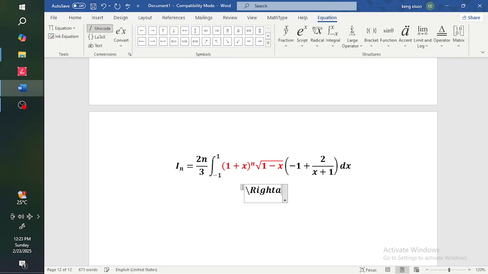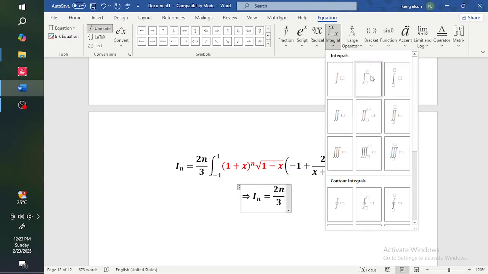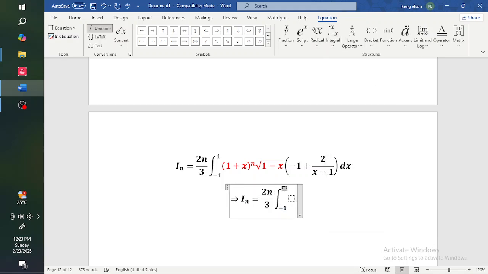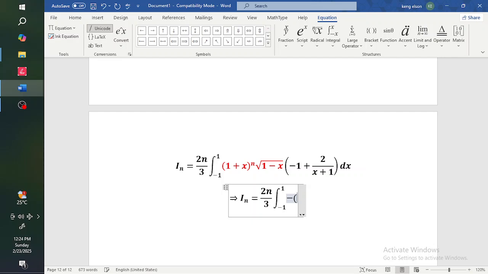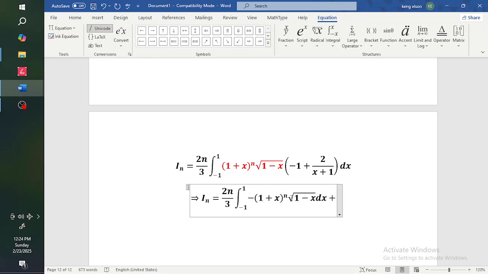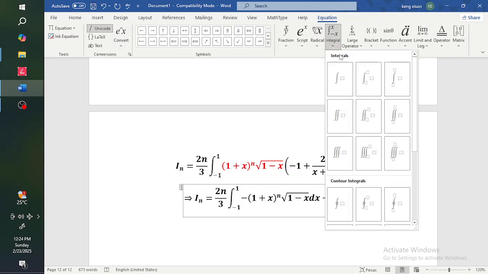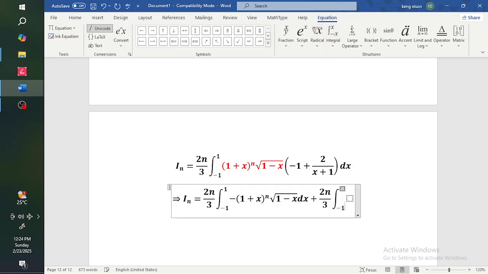So it means that in will give me 2n over 3. Now the integral from negative 1 to 1, if I multiply everything here with negative 1, is going to be negative of 1 plus x to the n, the square root of 1 minus x dx. Then plus, I'm separating the integrals, plus 2n over 3 times the integral from negative 1 to 1.